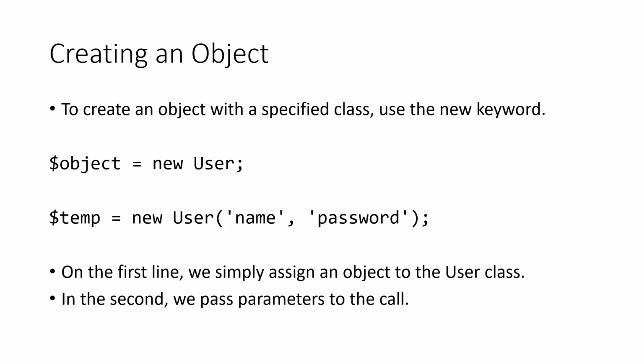What happens in the first one, when you say object equals new user, is it simply assigns object to the user class. But in the second one, you can notice we are passing two different values, the first one is a name and the second one is a password. So we pass all the parameters so that these can be assigned to internal variables.